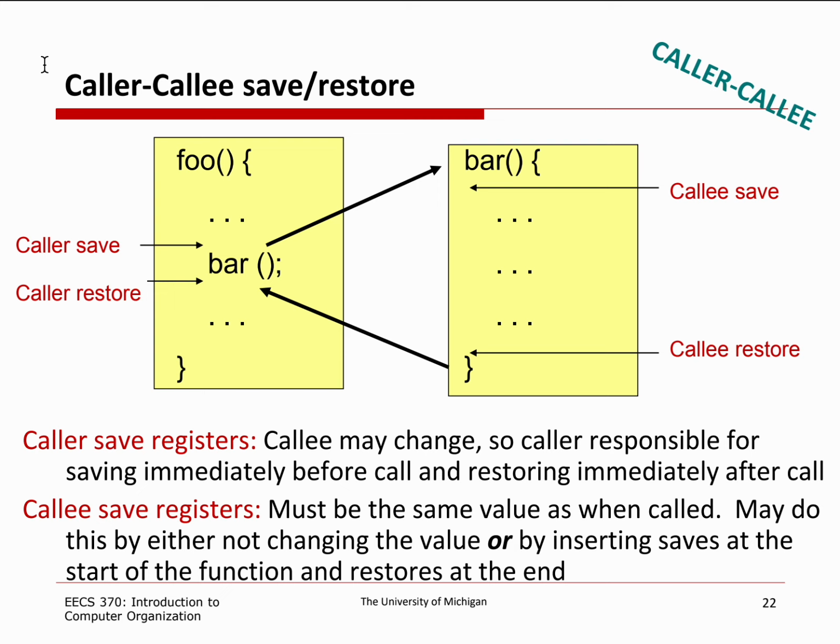The main reason for this is for the variables and registers of the function being called to not be changed by the function that is calling them or any other function in the program.